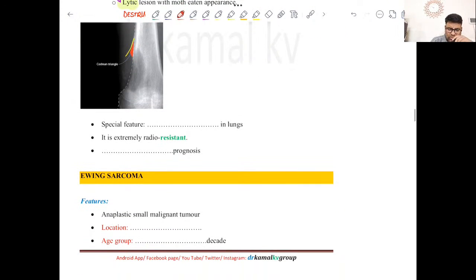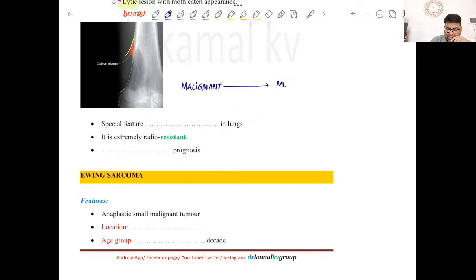Now this is a malignant tumor, and one of the problems with this condition is that it can metastasize, and usually it goes to the lungs. So we can see a patient with pain and swelling around the knee joint and presenting with hemoptysis, suggesting metastasis to lungs.